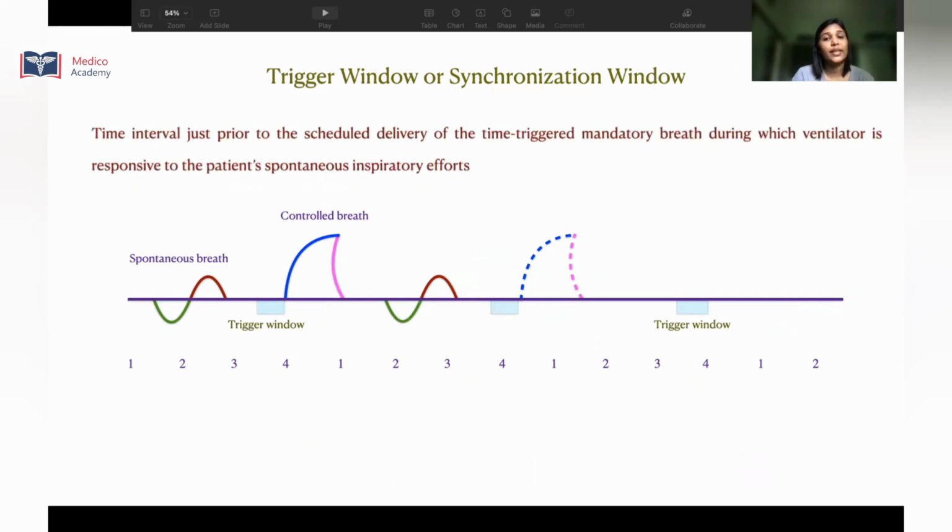So the trigger window is that time interval just prior to the scheduled delivery of the time triggered mandatory breath. And it is during this window period that the ventilator is responsive to the patient's spontaneous inspiratory efforts. I'll show you.